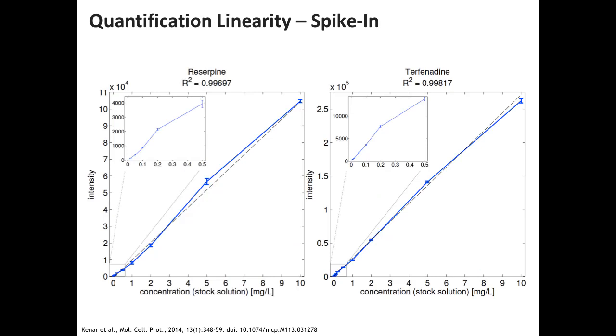Okay, so how well does that work? Quantification is not that easy to quantify, but there are a few measures that work okay for that purpose. So what we did here is we simply took a plasma matrix and we spiked in 2 drugs, reserpine and terfenadine, at various concentrations.